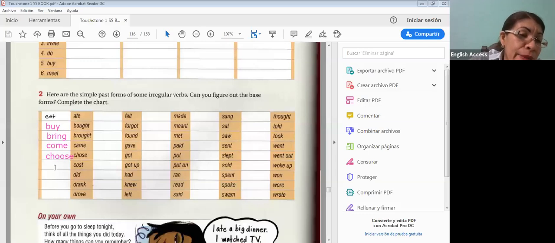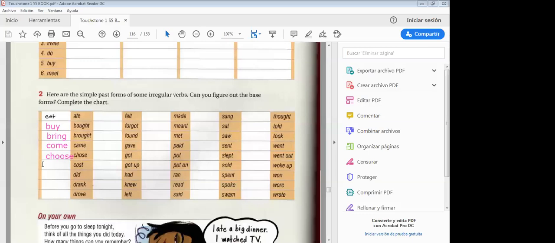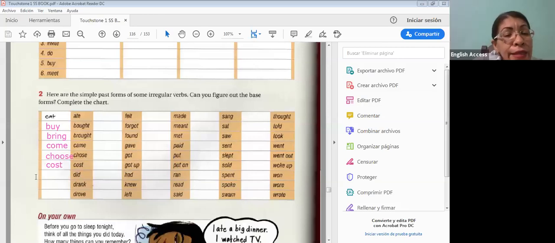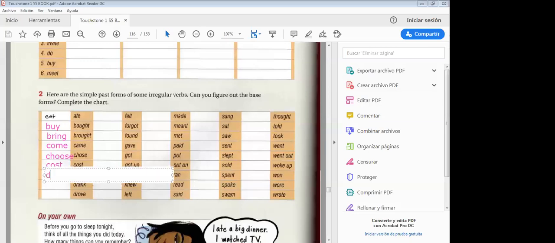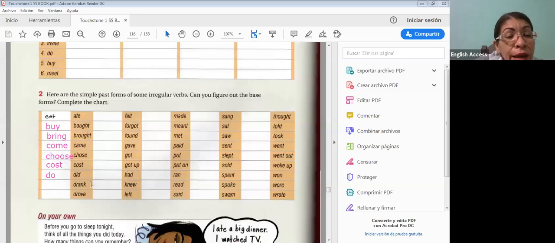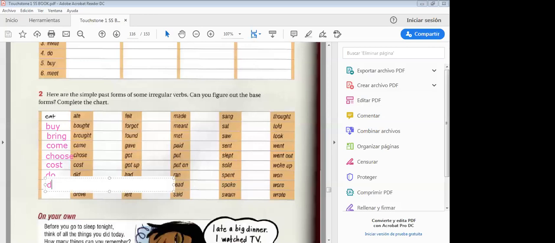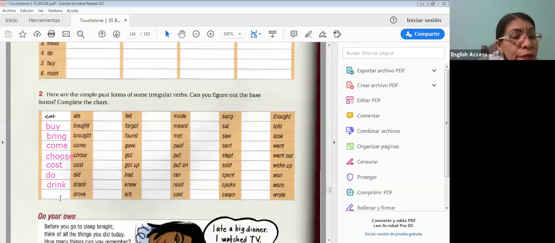Cost is the past of cost. It is the same. And did is the past of do. Yes, do or does. Drank, the past of drink. Yes, drink. Drove is the past of drive. Right, correct.